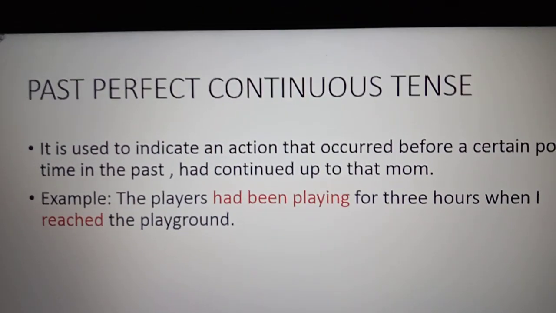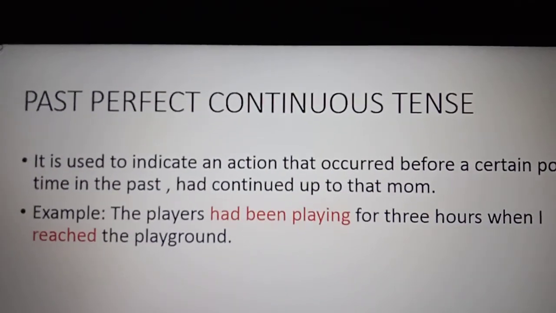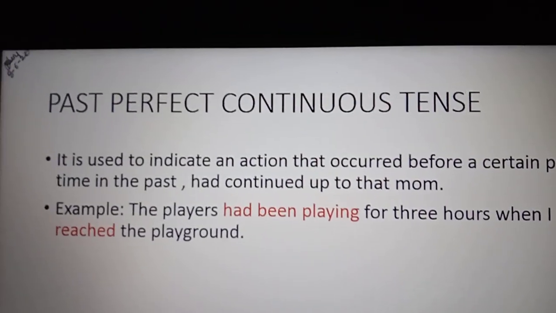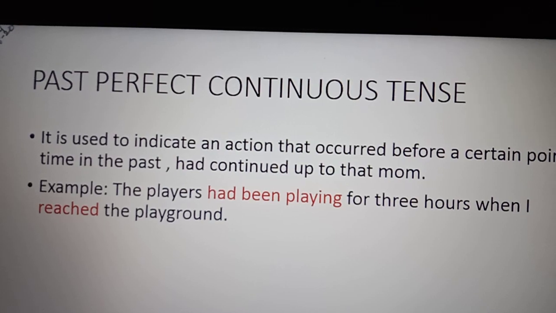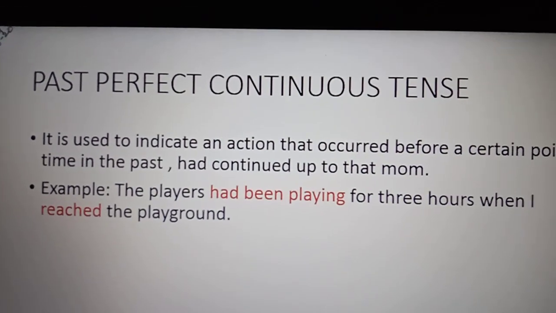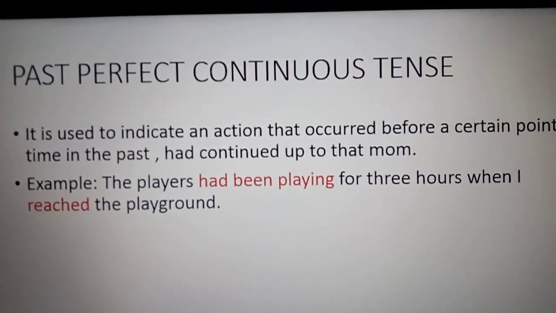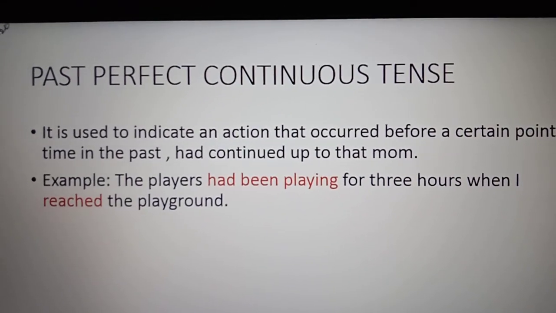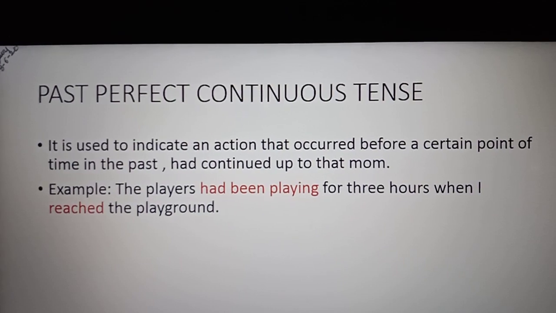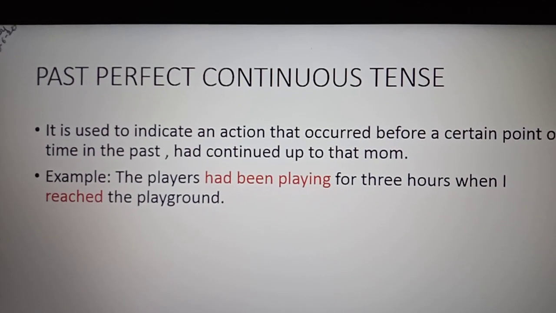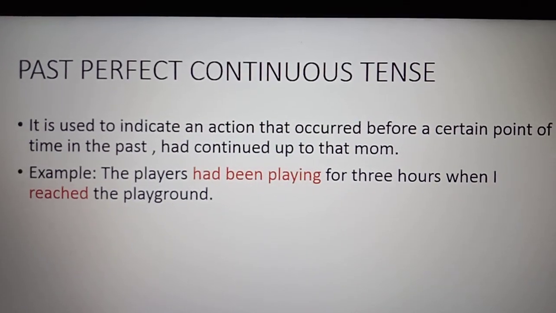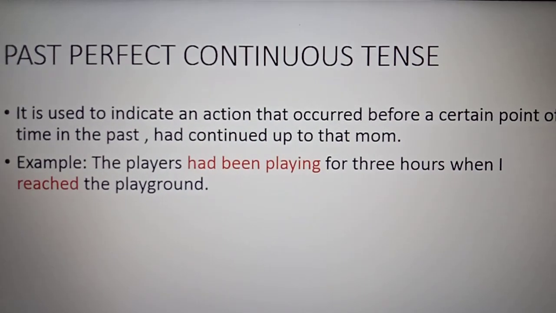Now the last form is there. Like we have present perfect continuous tense, same as we have past perfect continuous tense also. It is used to indicate an action that occurred before a certain point of time in the past, had continued up to that moment.